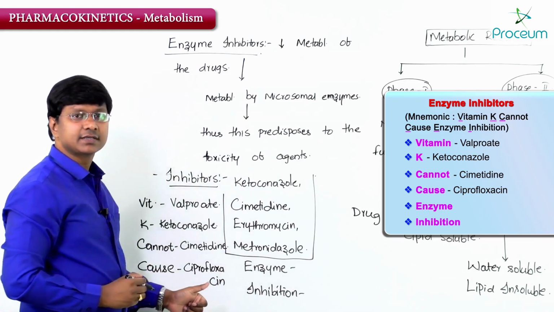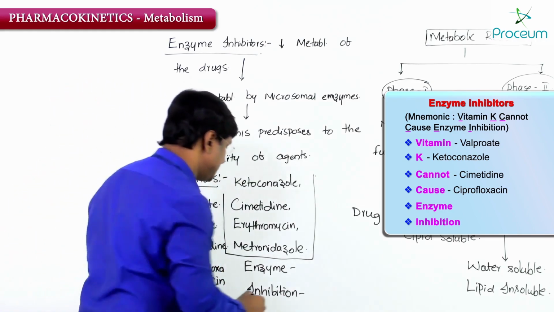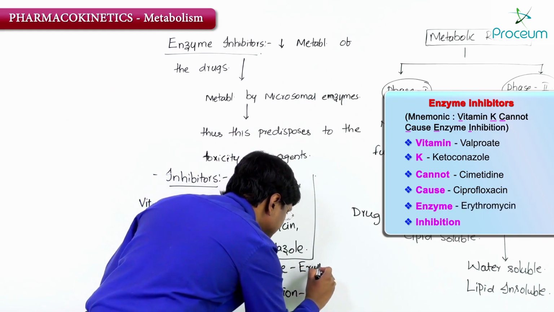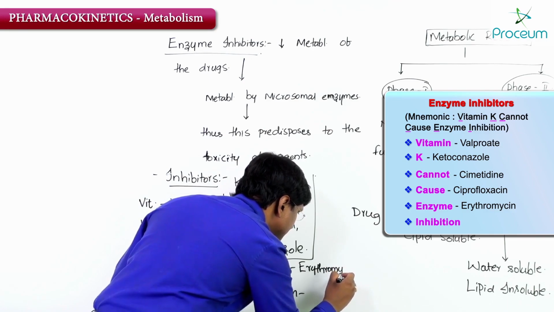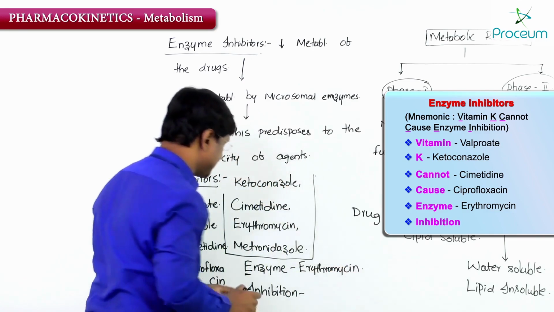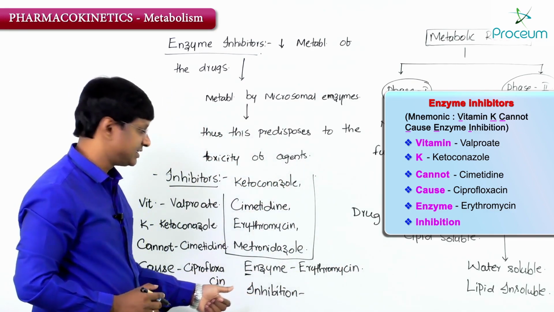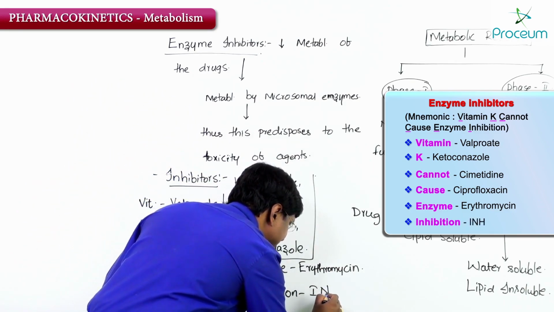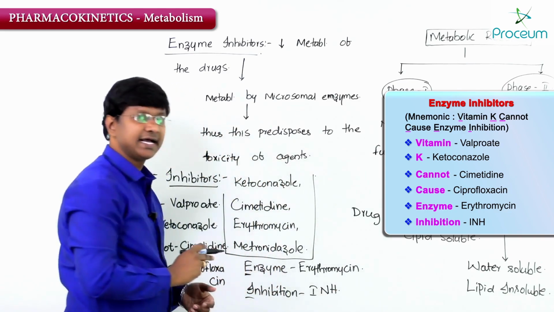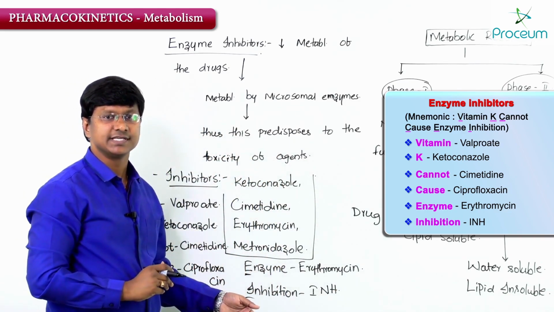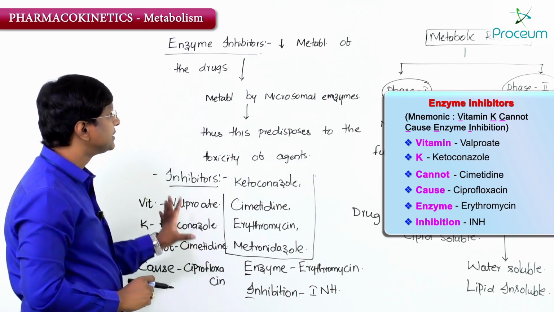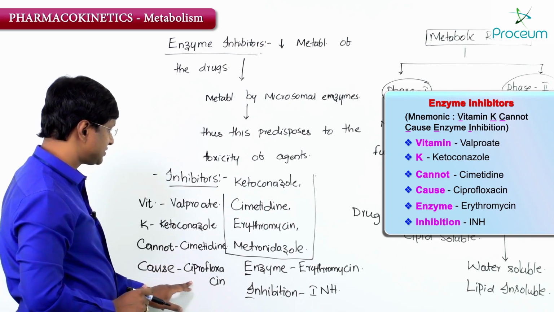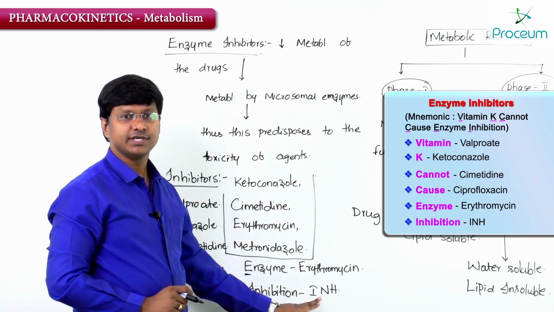E stands for erythromycin. And I stands for INH, that is IC. So these are your enzyme inhibitors: valproate, ketoconazole, cimetidine, ciprofloxacin, erythromycin, as well as IC.